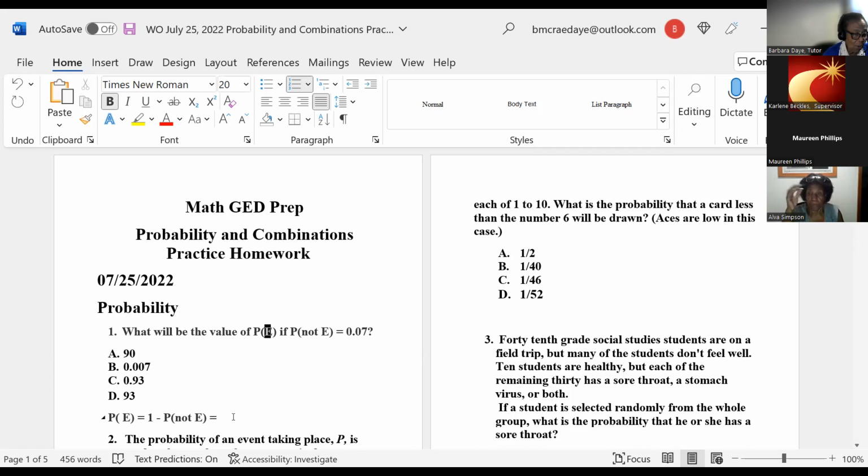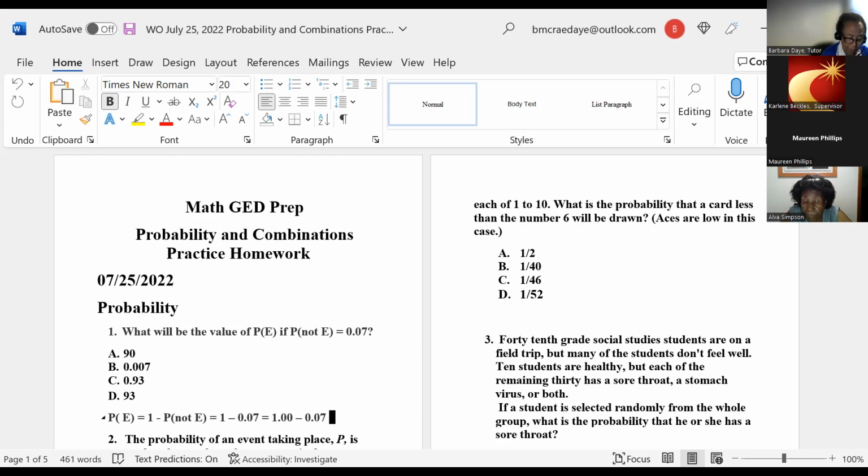So, Alva, what is 1 minus 0.07? What is that equal to? Would it be 0.06? Take 1 and put 2 zeros and now subtract 0.07.